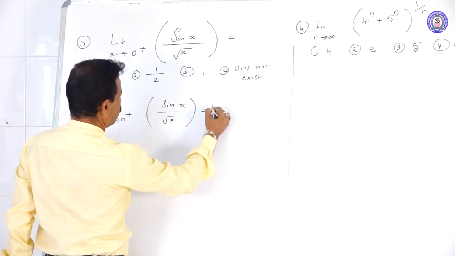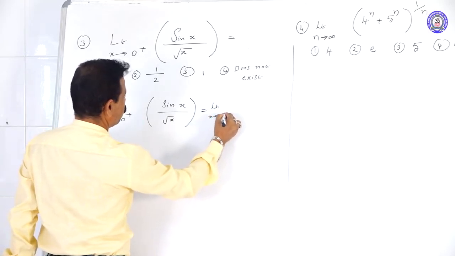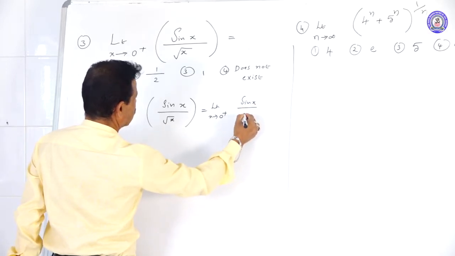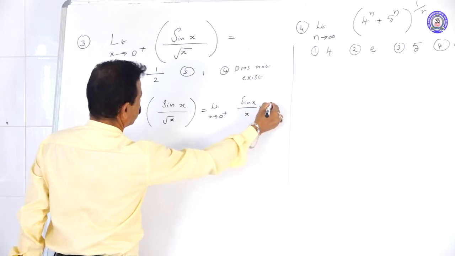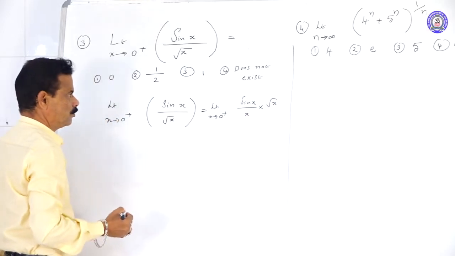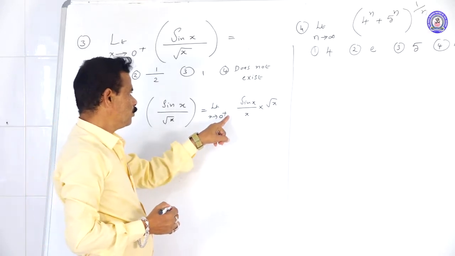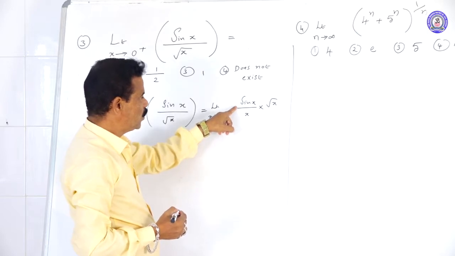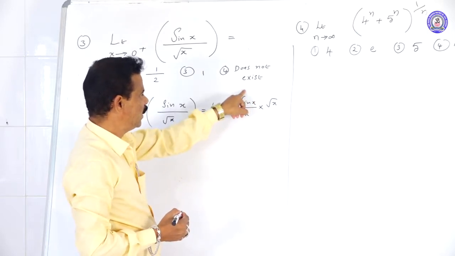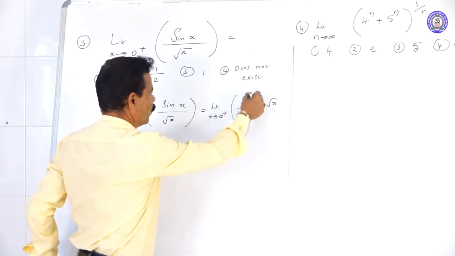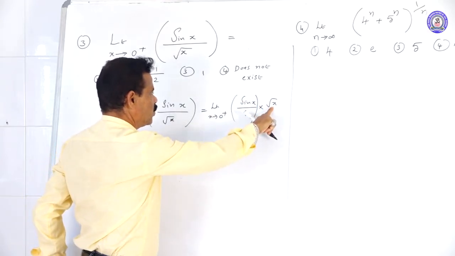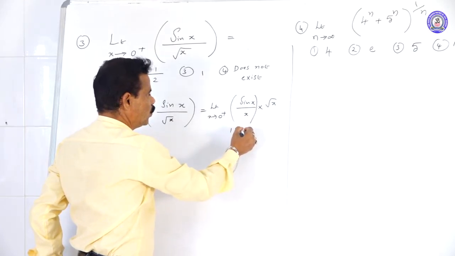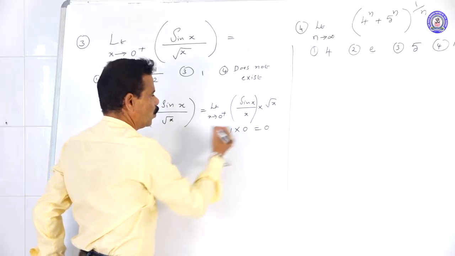It is written as sin x by x into root x. Here x is positive, so this value sin x by x is also positive. This is 1, now into 0 is equal to 0.